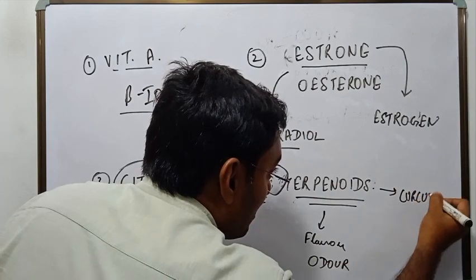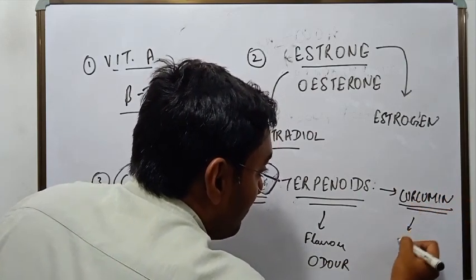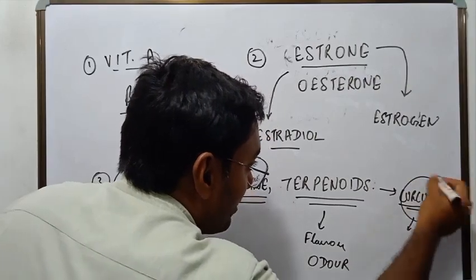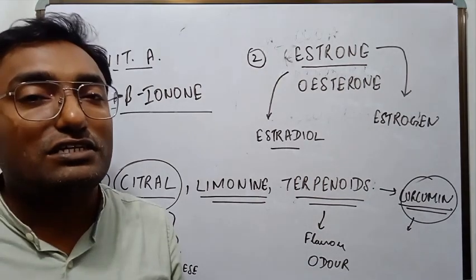Curcumin has anti-inflammatory property and anti-cancer property. So all of these compounds, especially natural products, can be synthesized chemically using the Reformatsky reaction, and that makes it a very significant reaction in organic chemistry.